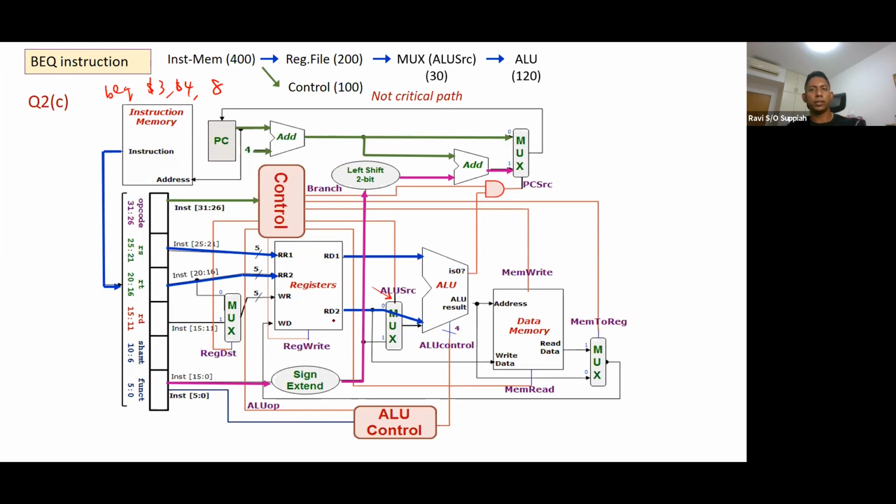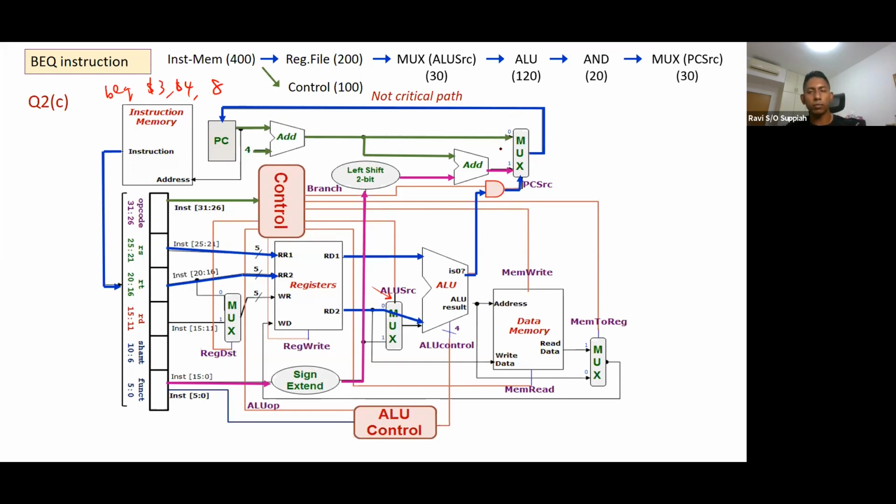So the register file has to be completed first, and then the mux for the ALU source has to pass through the data. Then I do the ALU, and then in this case, I have an AND gate over here, because I need to compute the branch address. And then finally the mux that will decide the PC source.